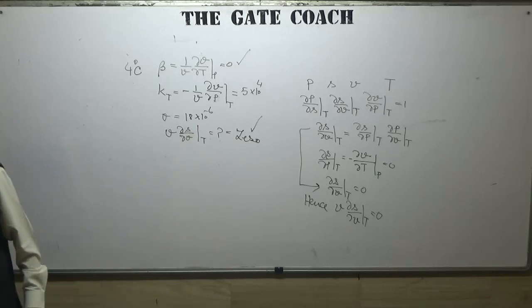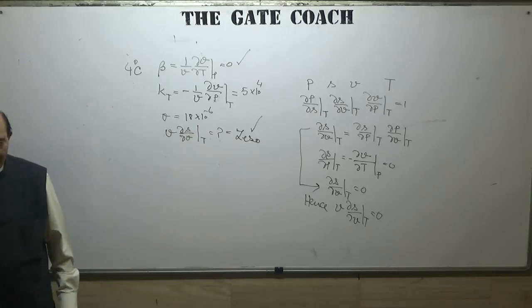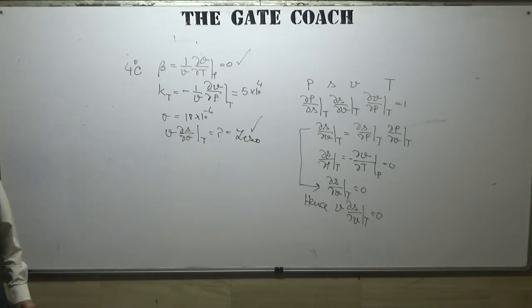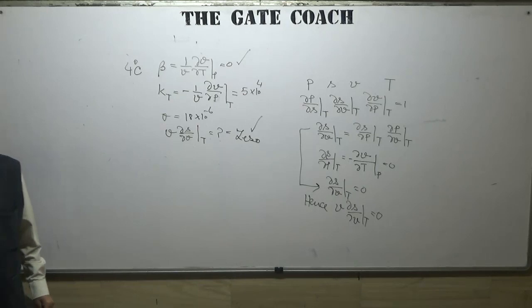If you know the art of writing down the equations, it becomes very simple. If you do not remember the Maxwell relationship, or you don't remember the identity, how do we write the four terms? Then it is the most difficult question.